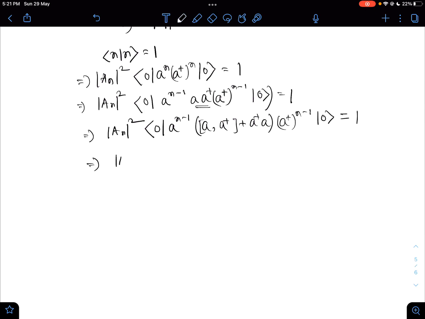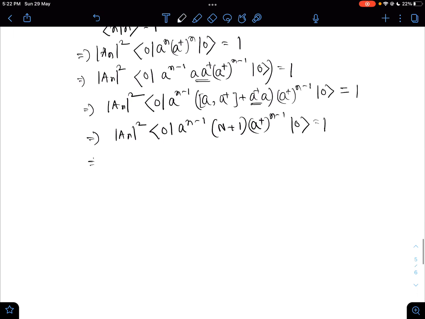So we have a_n squared <0|A^(n-1). What is this? This is our number operator, and this has value 1. So we have (A dagger)^(n-1), and it will act on |0>. This is just mathematics, and you will get the desired value.